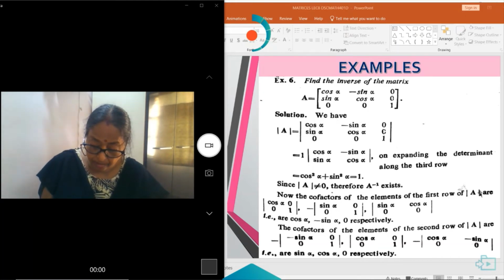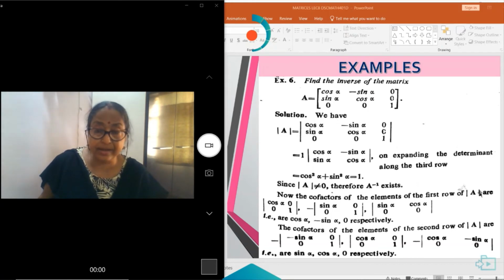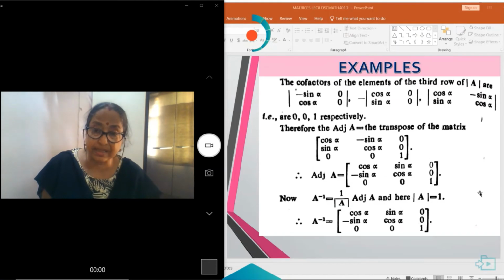So now find the cofactors as you found earlier, and then finding the value of adjoint A, we can see that adjoint A is equal to cos alpha, sin alpha, 0, minus sin alpha, cos alpha, 0, and 0, 0, 1.